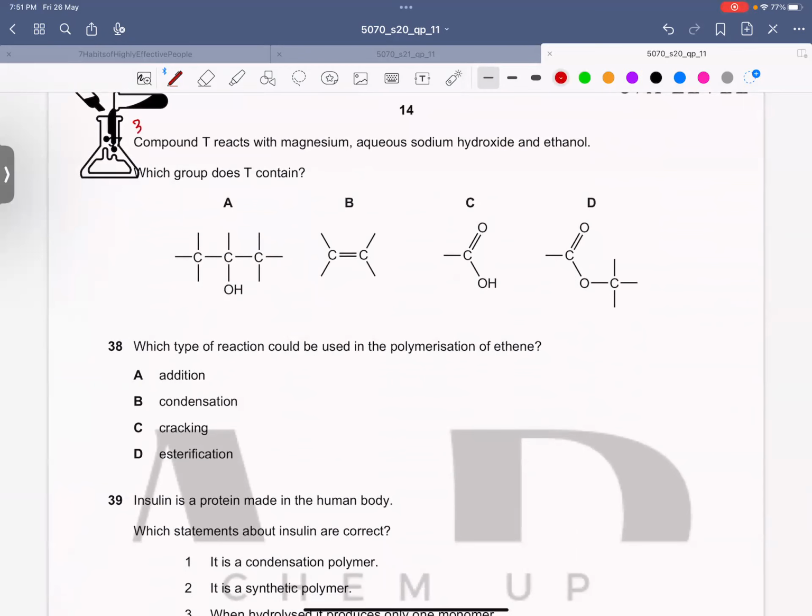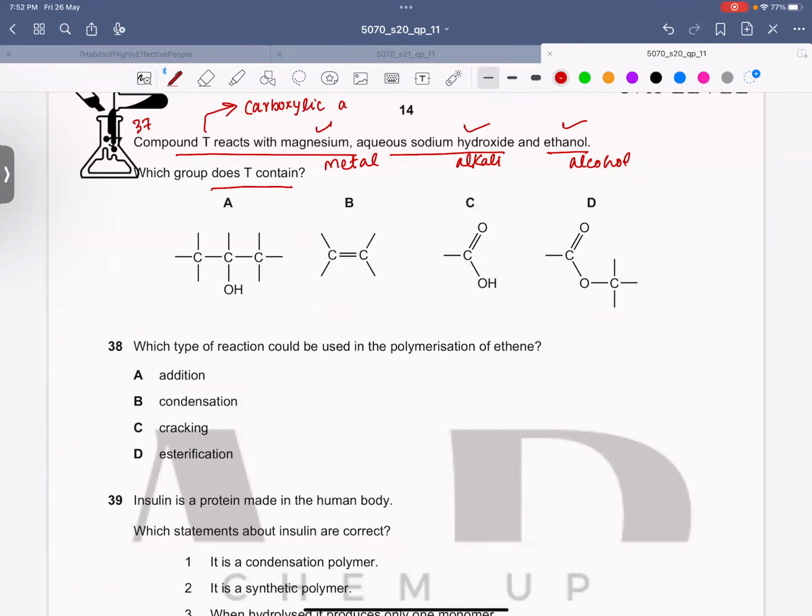Now question number 37. Compound T reacts with magnesium, aqueous sodium hydroxide, and ethanol. Which group does T contain? So it's a metal, an alkali, and an alcohol. The only organic compounds which can react with all these, a metal, an alkali and an alcohol, are carboxylic acids.